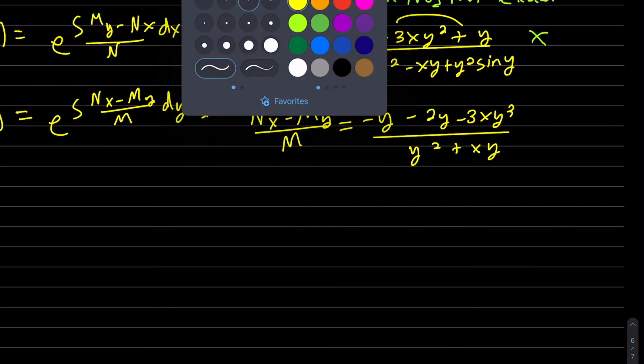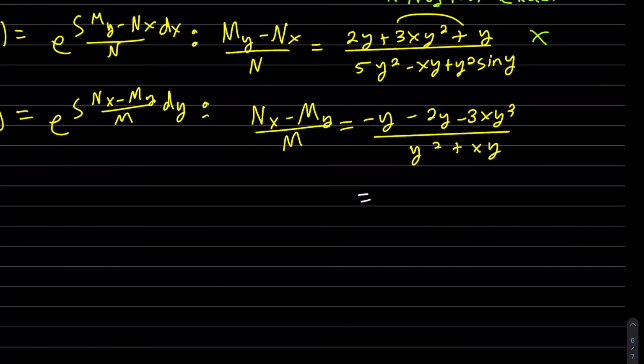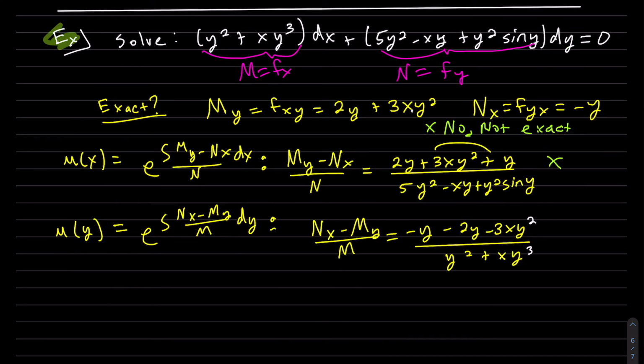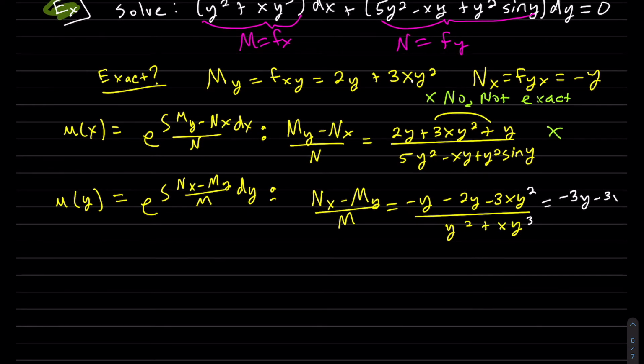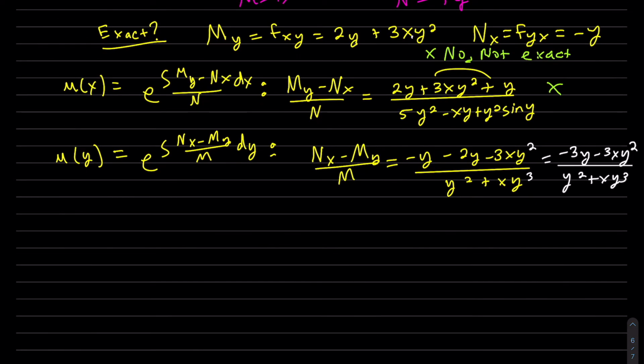So let's simplify it. A lot of y's in common. Down here we have a lot of y's. Actually, let's go ahead and combine these two. So to clean this up, and let's factor it.